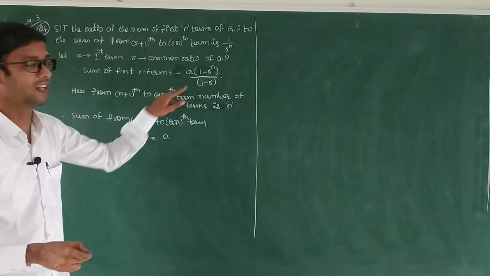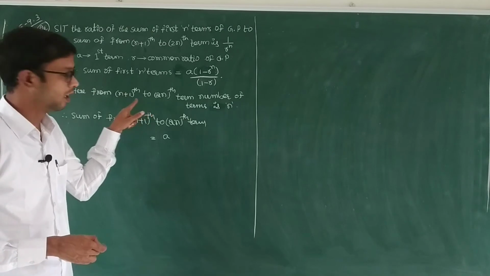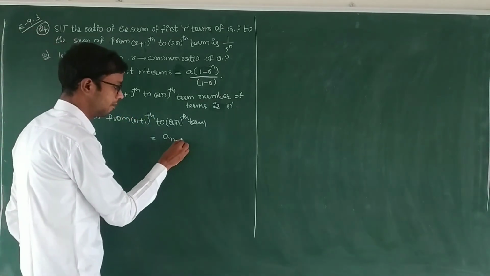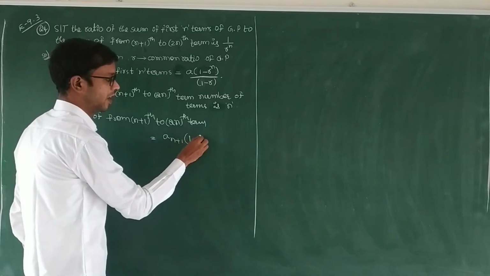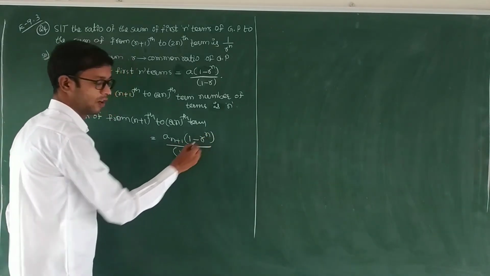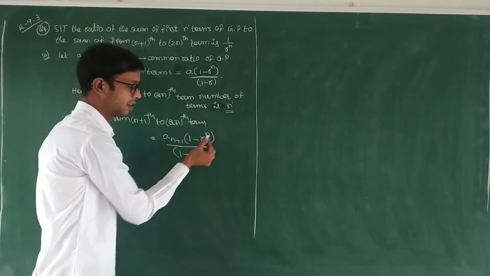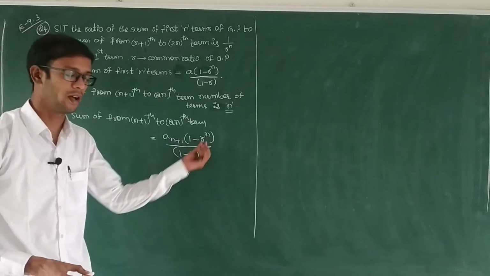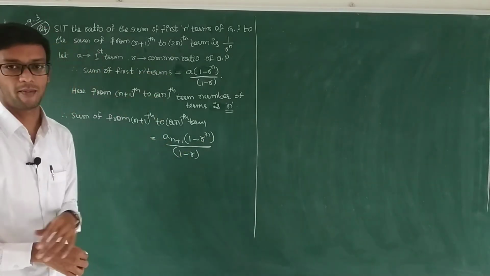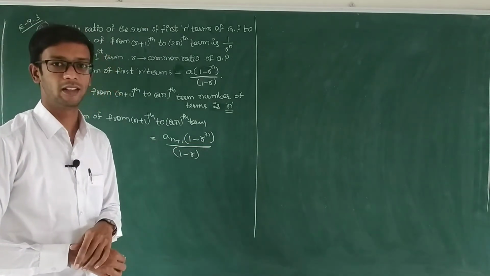Here the first term is a, but in this sequence the first one starts with the (n plus 1)th term. So first term into (1 minus r power n) by (1 minus r). This one won't change. Why? Because n is the number of terms, and r is the common ratio. The common ratio will be the same on the total basis. So (1 minus r power n) and (1 minus r).